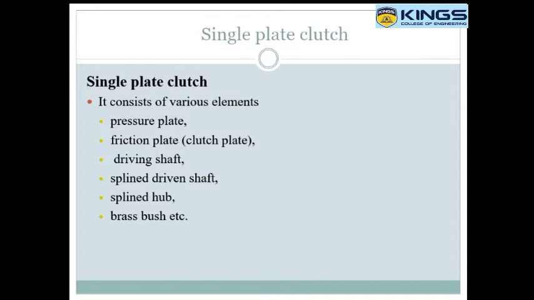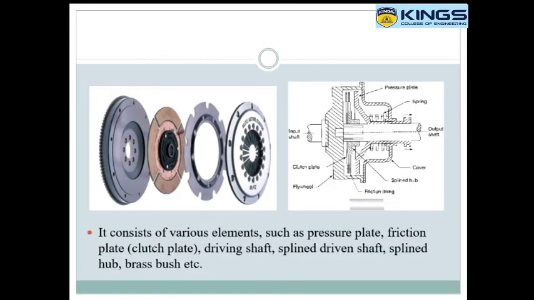In a single plate clutch, the various parts are shown in the figure: pressure plate, friction plate, driving shaft, splined driven shaft, splined hub, and brass bush.